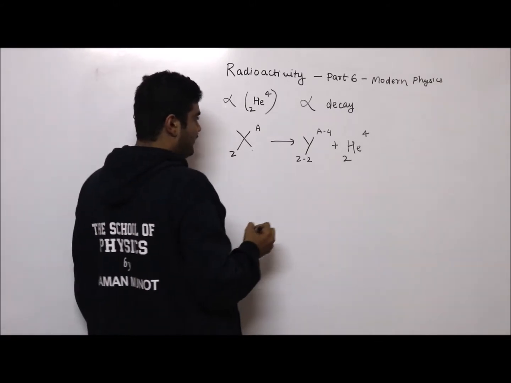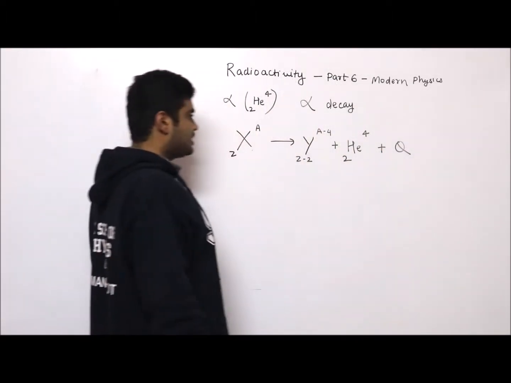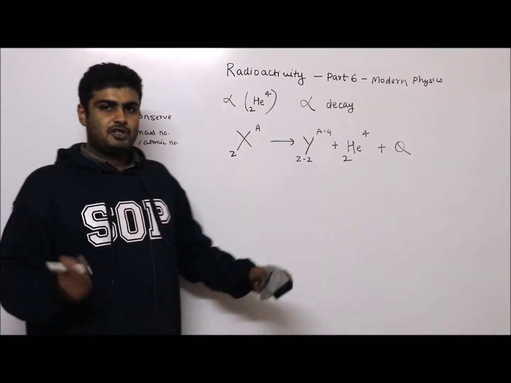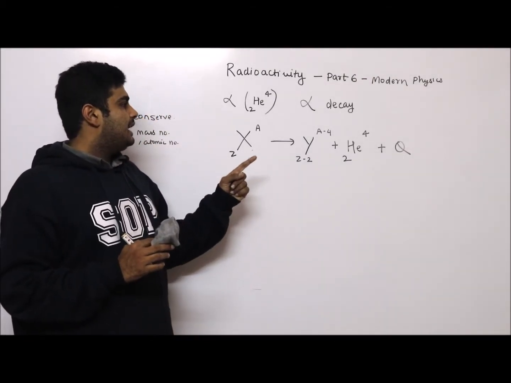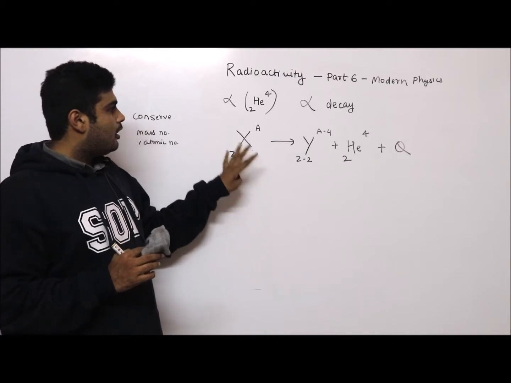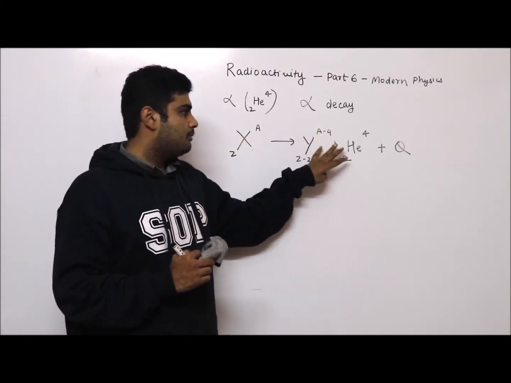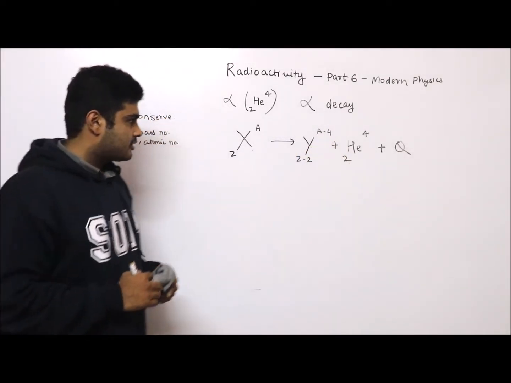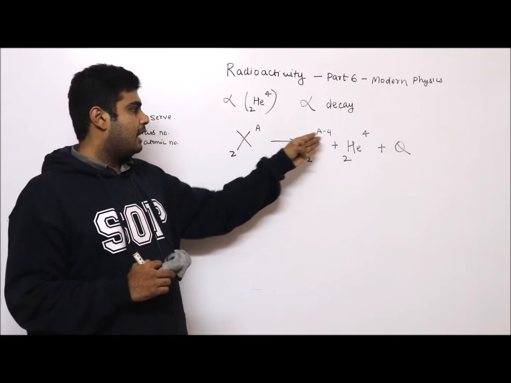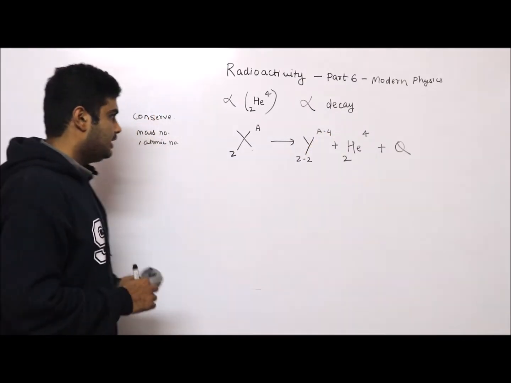Now we have done this. Then there is some energy released, Q, which shows that the mass of the reactant initially was greater than the mass of the products. So there's some kinetic energy that has gone into Y and helium.